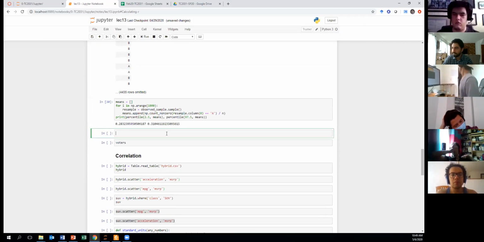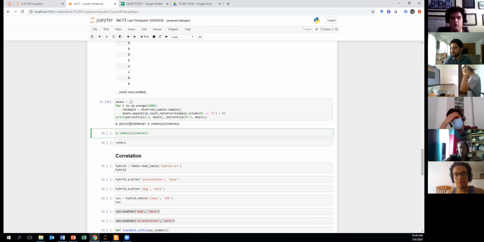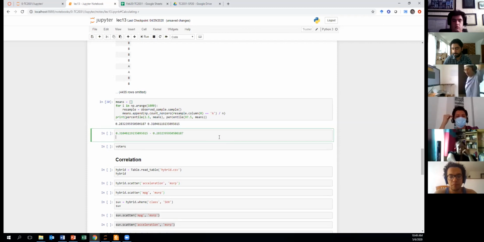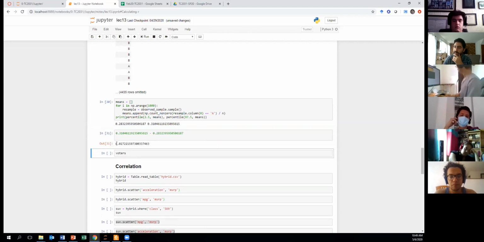If I subtract the ends from each other, I get 0.027. You can see it satisfies the condition that I have to get a width within 3% for my confidence interval.